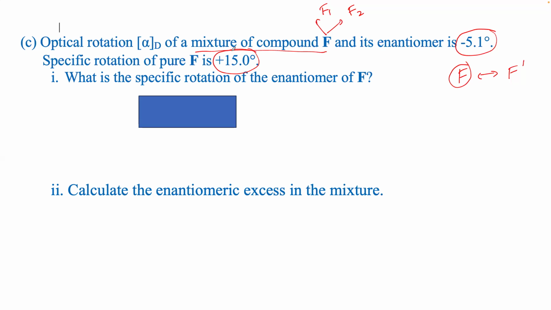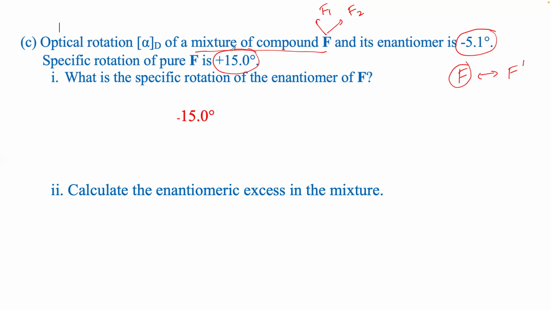You take the pure enantiomer, you make a solution, you know the concentration, you know the path length, then you measure alpha, then you divide by the concentration and the length, and you get the specific rotation. So when you put F inside, you get plus 15. Then the enantiomer of F should have the inverted stereochemistry, or it is the mirror image of F, and it should be rotating the light in the other direction. So therefore, the answer is minus 15.